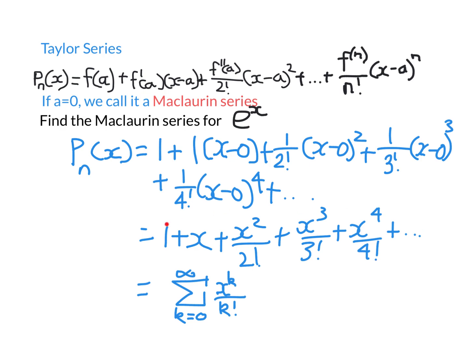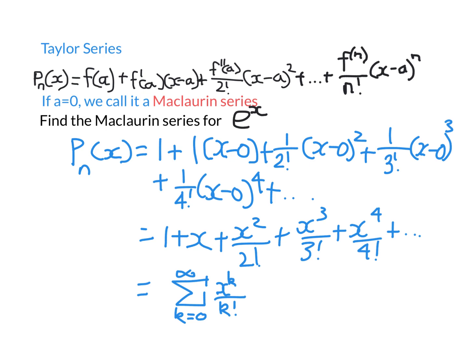So this is the Taylor series of e to the x around 0, and we usually call them Maclaurin series. So this is the Maclaurin series of e to the x, and it's really helpful. This can help your calculator, for example, calculate values of e to the power of x. If you want to know e to the power of 2, for example, you can just substitute into here.